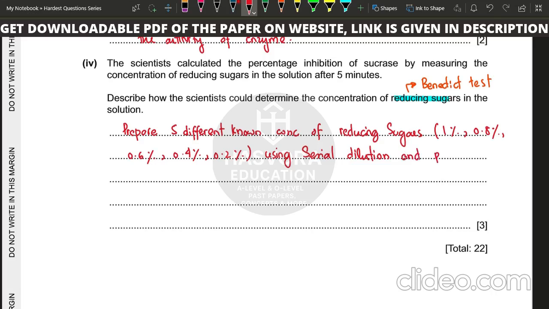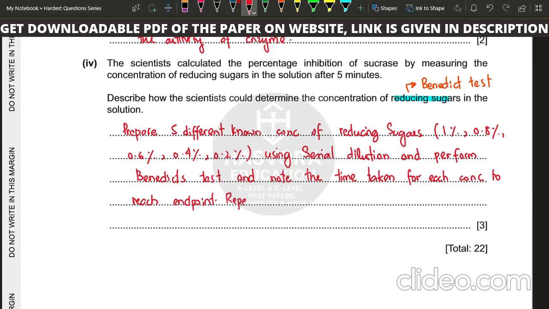and perform Benedict test and note the time taken for each concentration to reach endpoint.